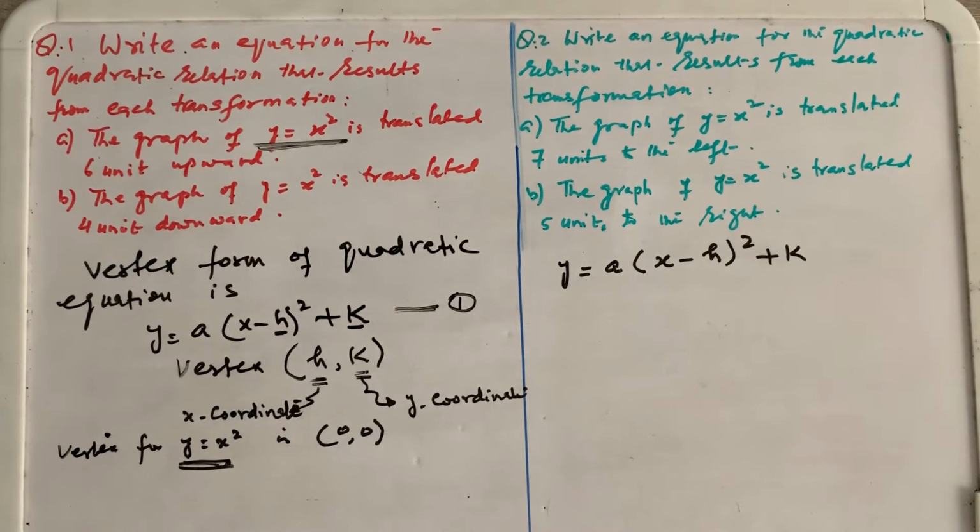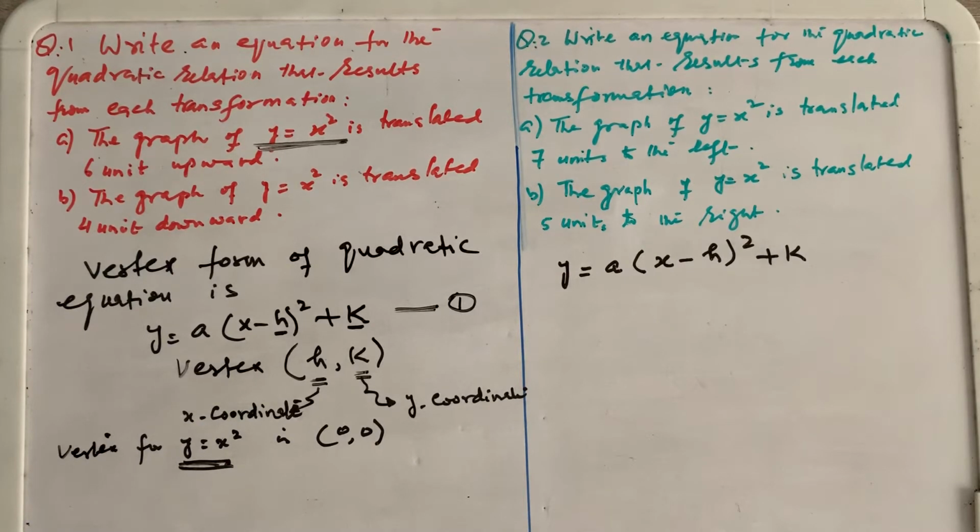Remember, this is the basic simplest quadratic equation whose vertex is at (0, 0), right? Now we have to see how the graph of y equals x squared translates.